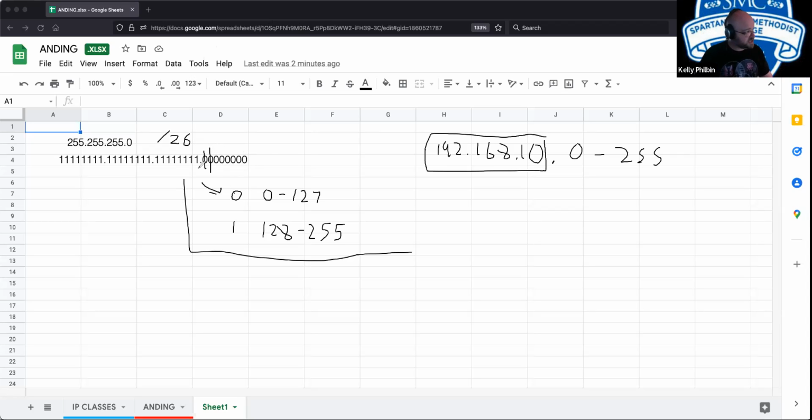So we're now using 2 bits to represent our network, which means we have the possibility of network 00, 01, 10, and 11. Because we have 2 bits, they can only be on or off. That is the number of combinations we can do, right?